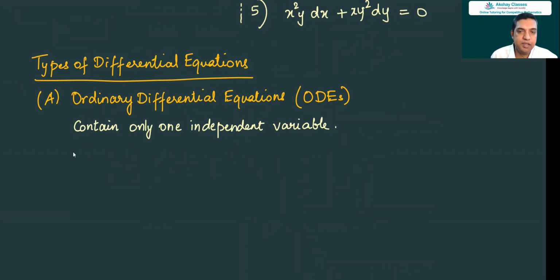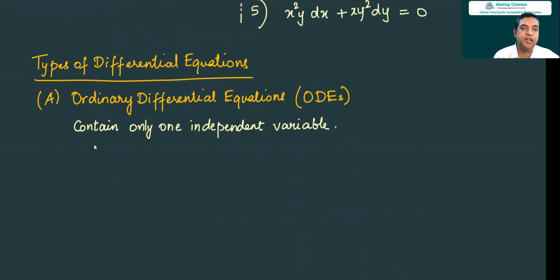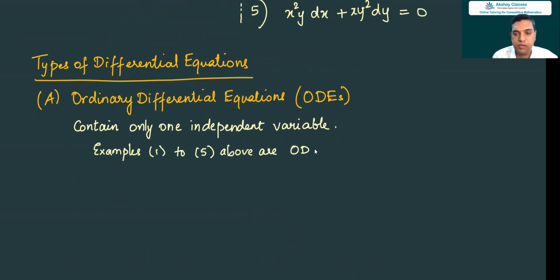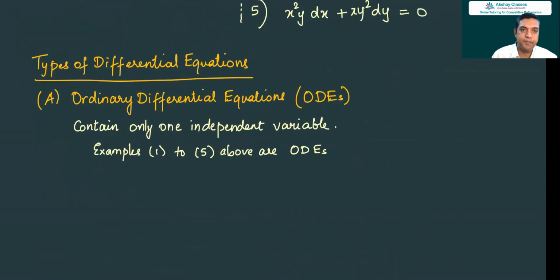So for example, all the above examples 1 to 5 are ordinary differential equations. We just have one independent variable x and the dependent variable is y.